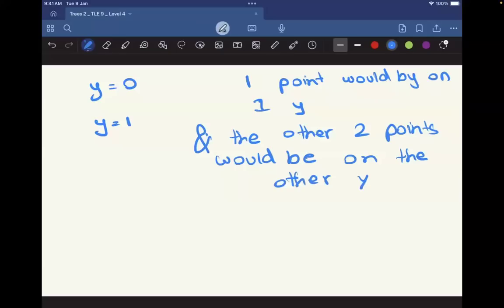Yes or no, guys? Is this much clear? Otherwise, you can't make a triangle. Otherwise, what is the only choice? You have to select 3 points on the same y. Let's say y is equal to 0. Let's say your x is 1, x is 3, x is 4. It forms a straight line. It does not form a triangle.